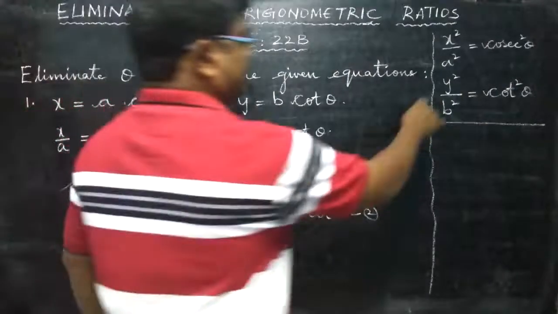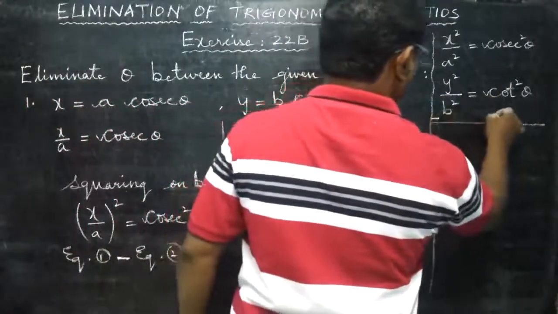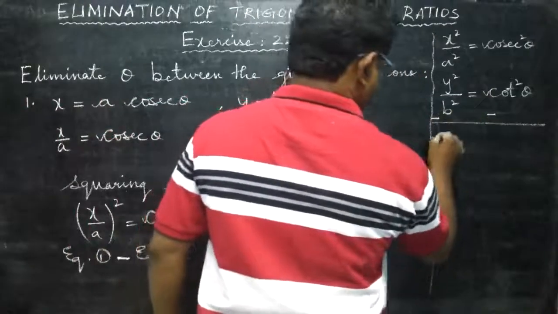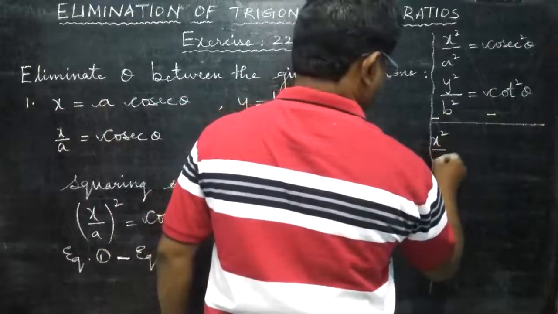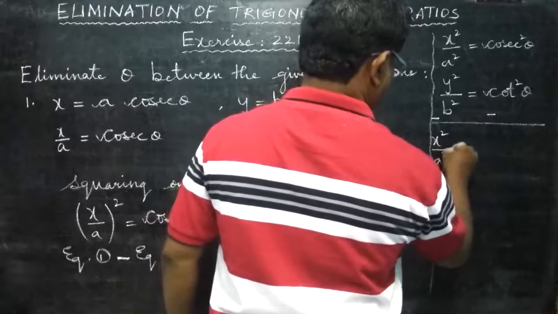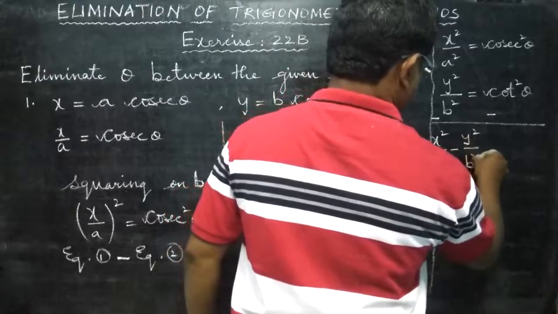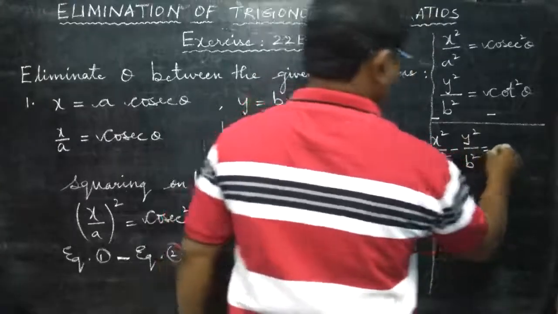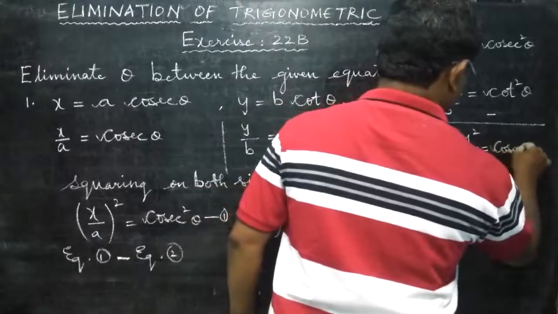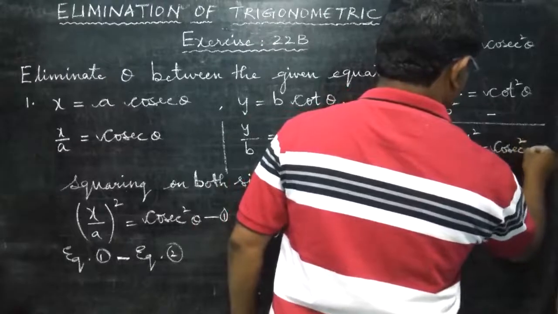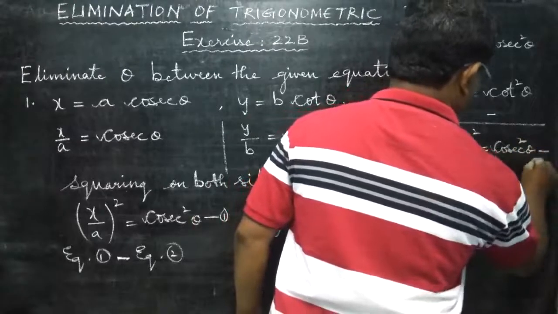Subtracting, plus will become minus. x square by a square minus y square by b square is equal to cosecant square theta minus cot square theta.